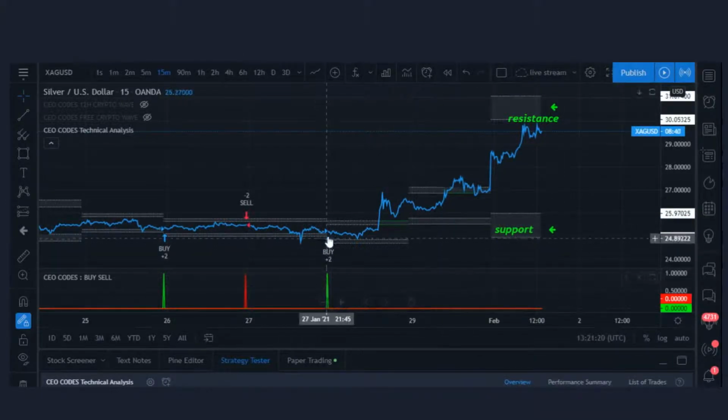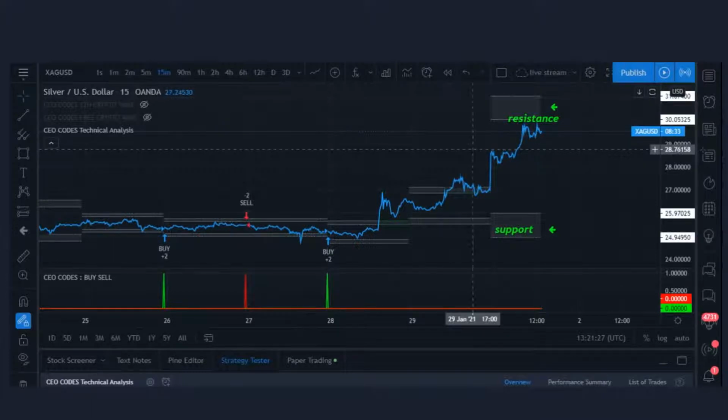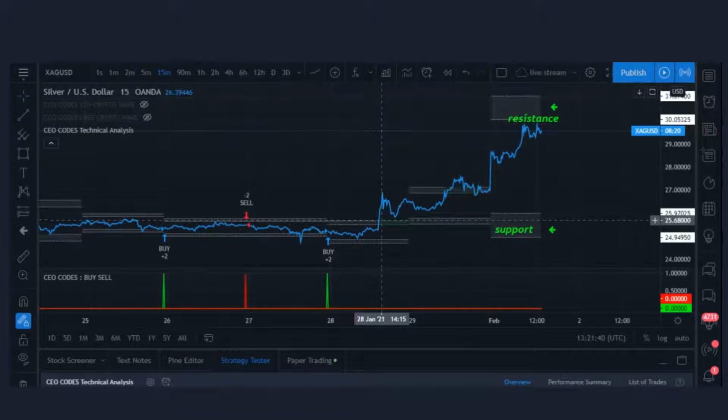As you can see, it's long since the 27th of January, and it reached 30. It was 24, so around 6,000, so you are right, 11%. That's huge. Also, I think it's going to break this one as well.